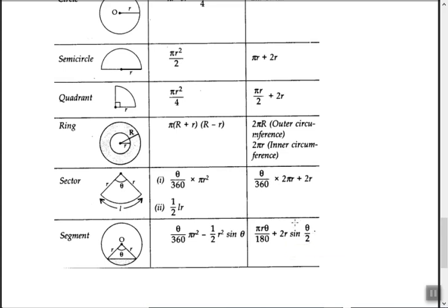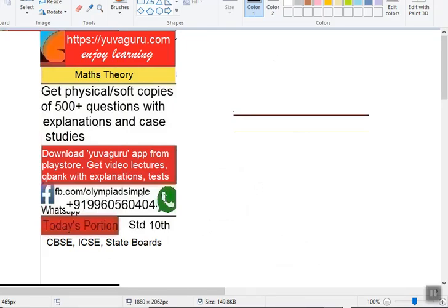This is hardly asked, but remember this by heart, because solving this will take a lot of time in exam. So theta upon 180 into pi r plus 2r into sin theta by 2, for this segment. Okay, that was the theory for areas related to circles.